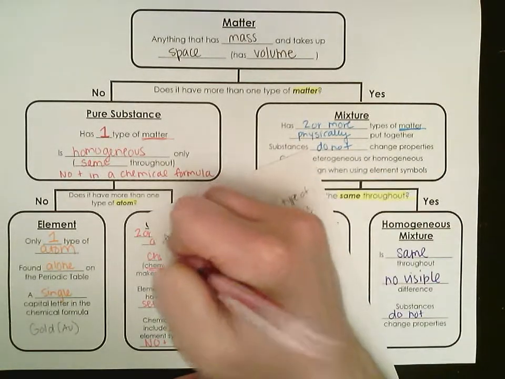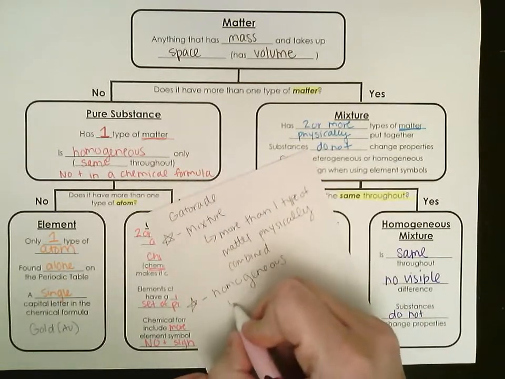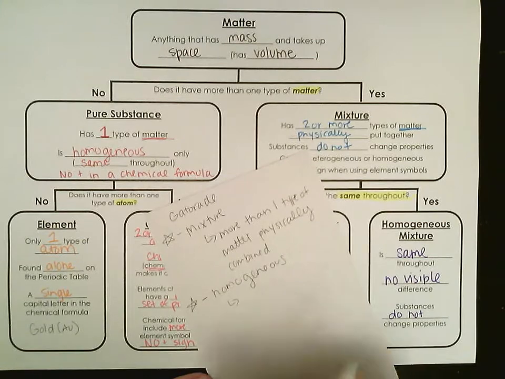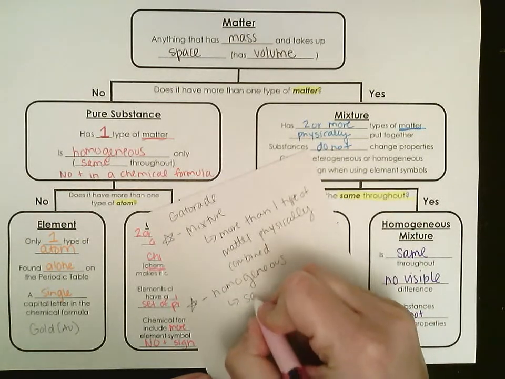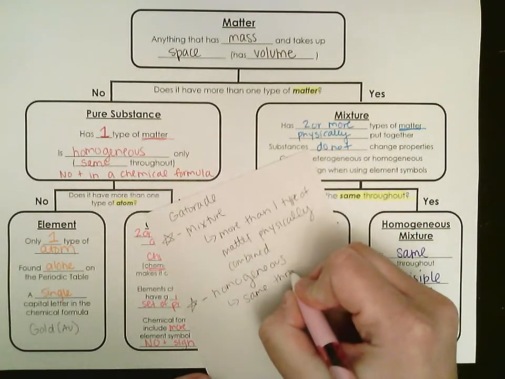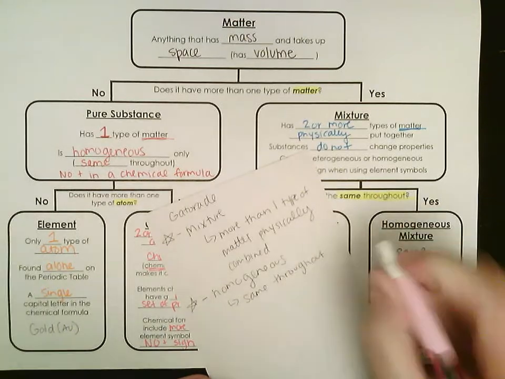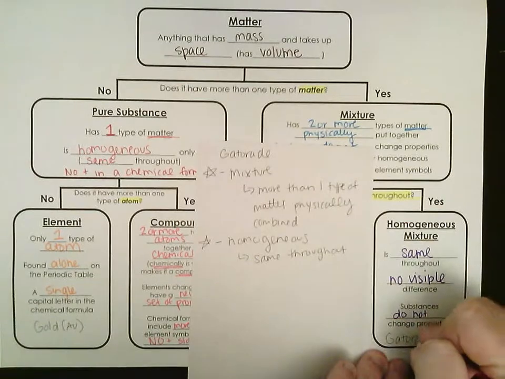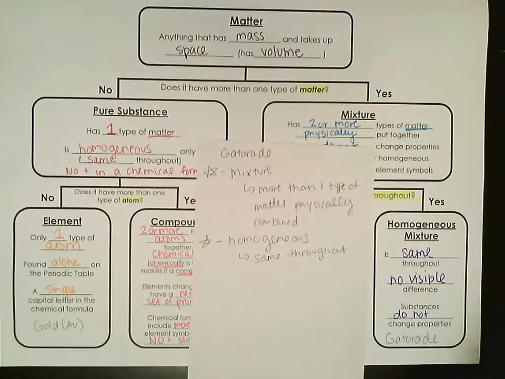So if I'm classifying Gatorade, I'm saying that it's a mixture because there's more than one type of matter physically combined. And I'm saying that it's homogeneous because it's the same throughout. So I'm going to leave myself a little reminder down here.